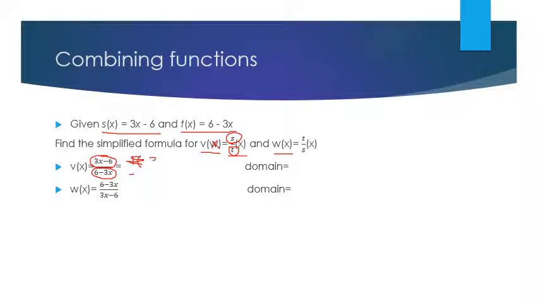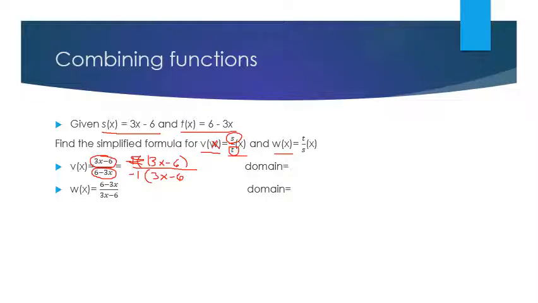This is going to be much easier. 3x minus 6 I will leave alone on top, and I'm going to rewrite the bottom. If I multiply the bottom by -1, I would have to multiply the other factor by -1. That would be -6 plus 3x. And if I change the order, that would be 3x minus 6, same as what I have on top.